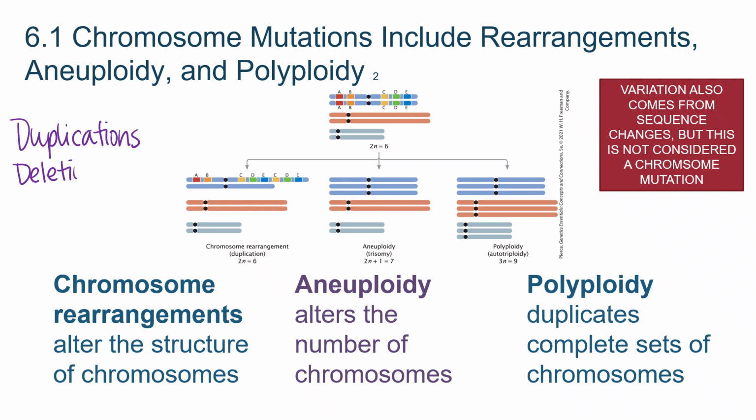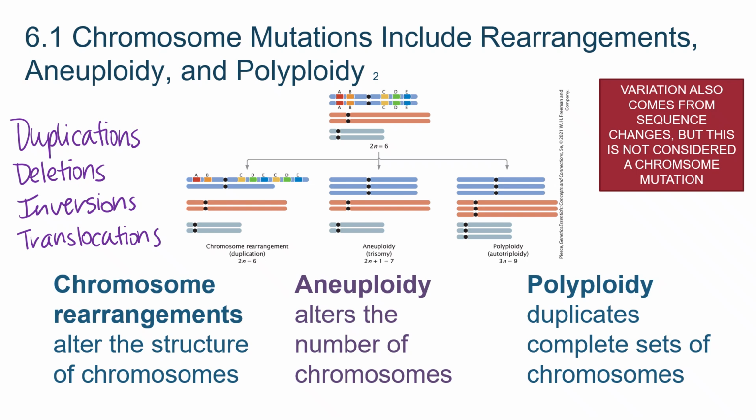I shouldn't say genes, I should say regions, but there will be genes in those regions. Duplications, deletions, inversions, which is where a region of a chromosome is flipped over from where it's supposed to be. And then translocation means that we get a piece that is moved to somewhere else, so either on another chromosome or the other end of the same chromosome, something like that.